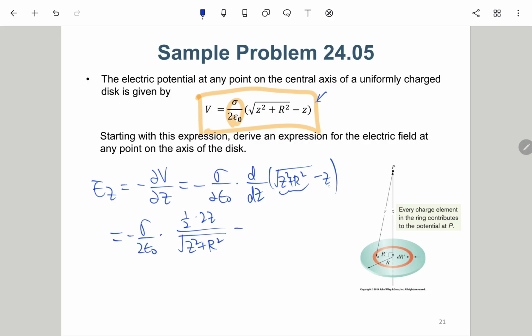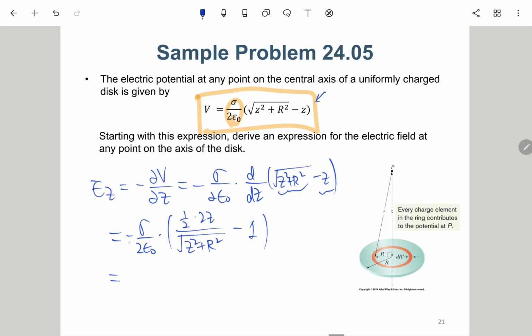And then finally minus the derivative of z, which is nothing but 1. Finally we can distribute this negative sign inside, so it turns out to be sigma over 2 epsilon naught times 1 minus, 2 and 2 cancel, z over the square root of z squared plus R squared.